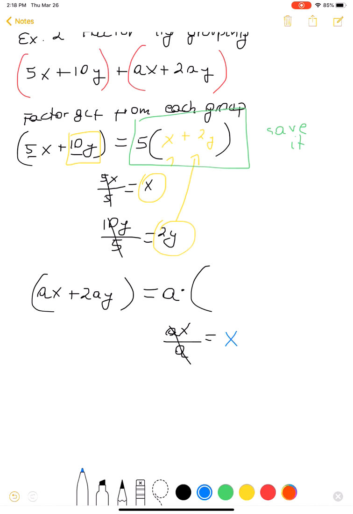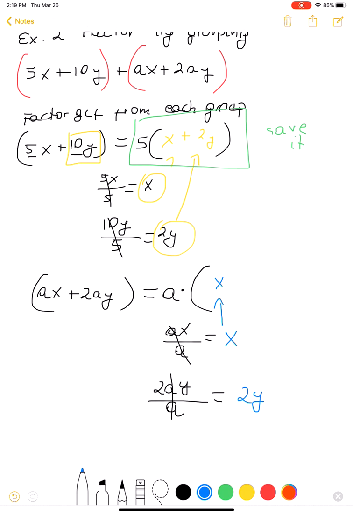So x goes inside of the parenthesis, and you're going to take the second expression, which is 2ay, divide by the GCF, which is a, and we end up with 2y.